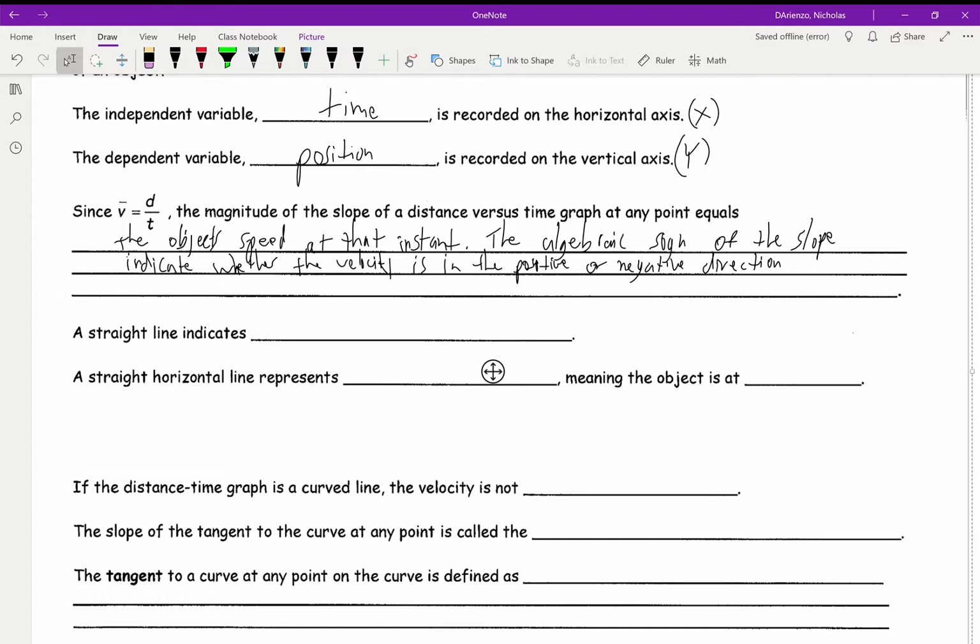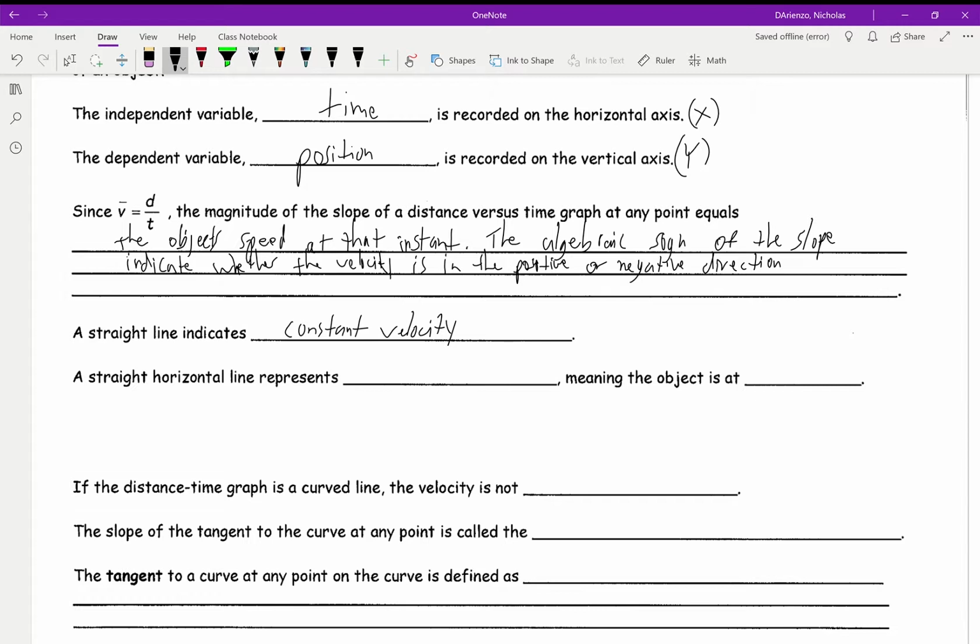A graph of linear motion that has a straight line is going to indicate constant velocity. When we see these linear lines, they indicate that whatever the variable happens to be, it's going to be constant. The slope is the same, which means the rate of change over time is the same.